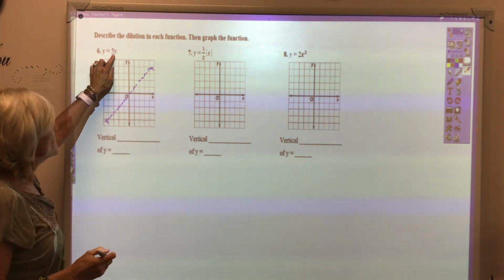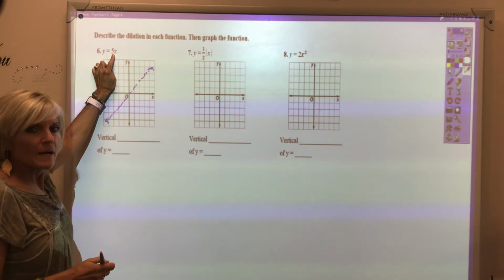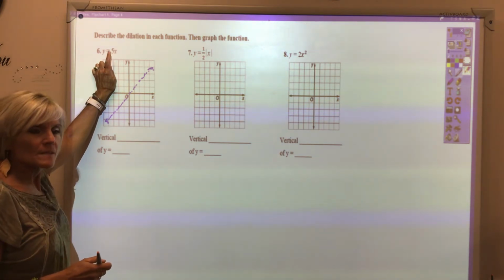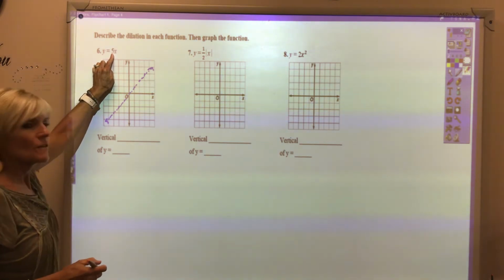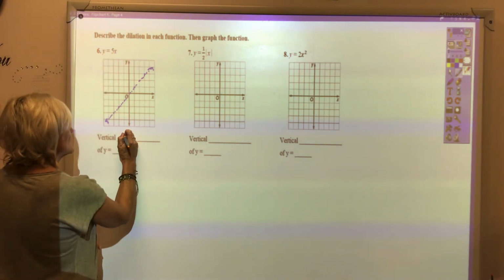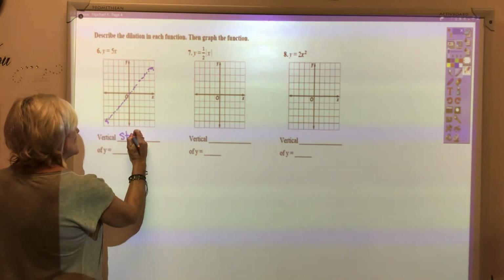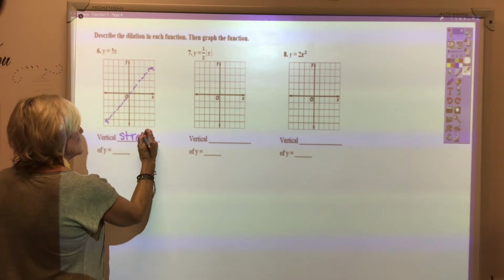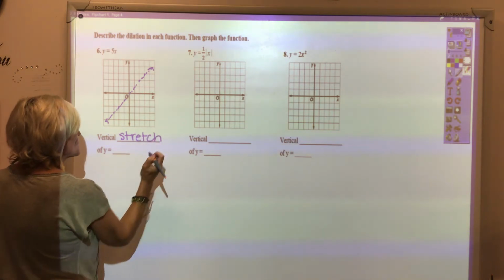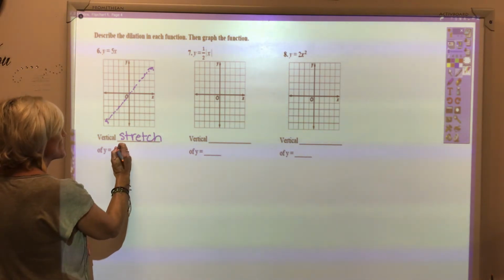This is going to be, when you multiply by a whole number, what's called a vertical stretch. And it's a vertical stretch of the parent function y equals x.